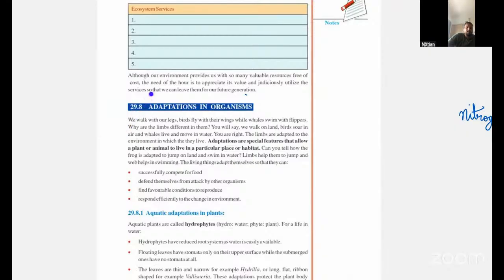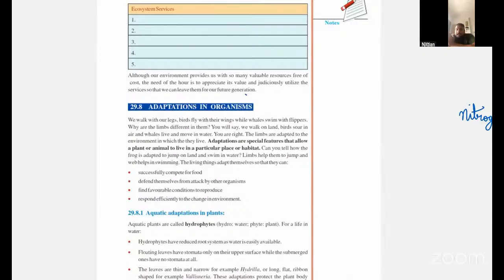For example, did you see the people who are living on the mountain? Did you observe them? What difference do they have?